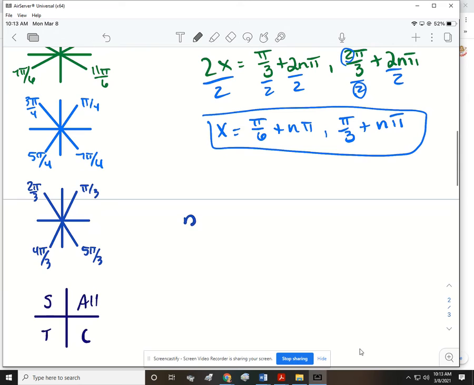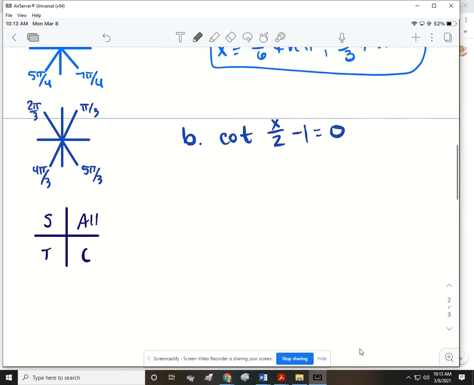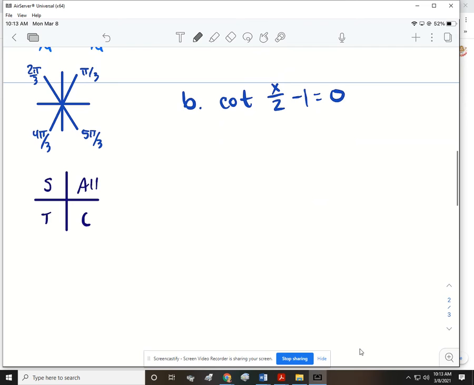All right, and then one more example. We have the cotangent of x over 2 minus 1 equals 0. All right, so we'll go ahead and move that 1 over. The cotangent of x over 2 is this, the reciprocal of that is the tangent of x over 2, and the reciprocal of 1 is just 1.